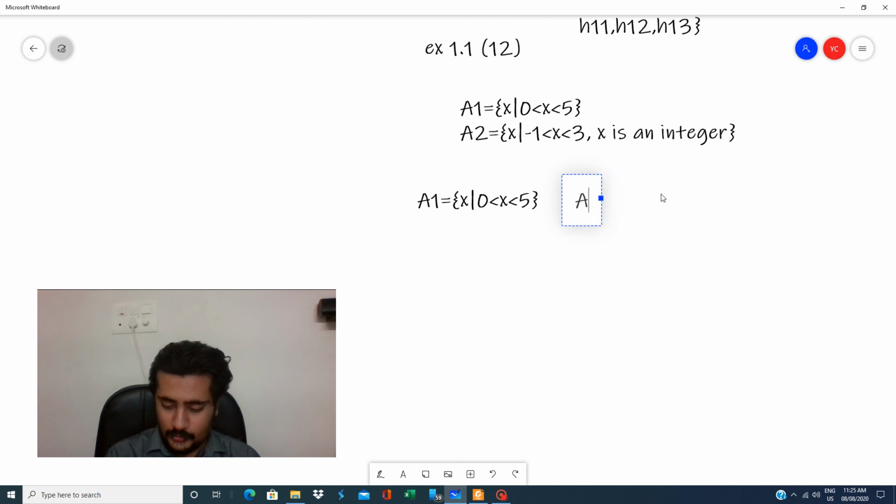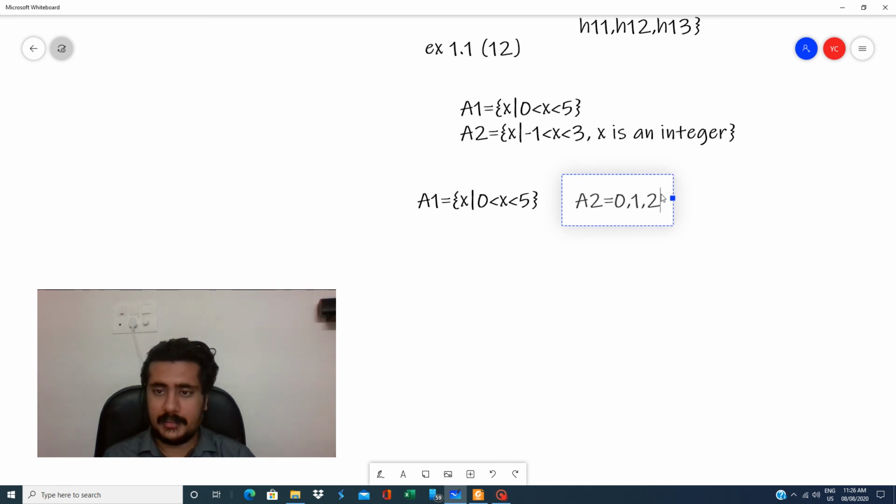So you will be taking A2 as 0, 1 and 2 because x is an integer. You will not take non-integers. So we will be writing this like this.